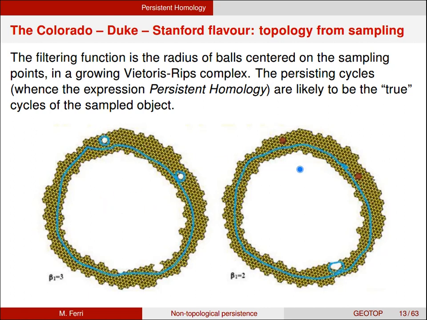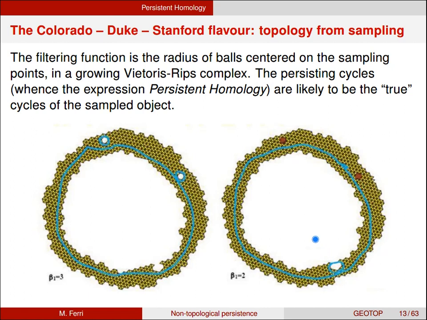But if I make the radius of the balls still grow, I get that these 2 one-cycles get blocked, filled. Okay, so they were with little persistence. The big one still survives, and you also have that a new one arises, unfortunately. Yes, but if you go on growing, eventually this will also be filled.